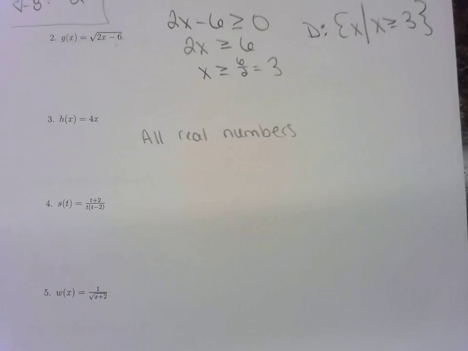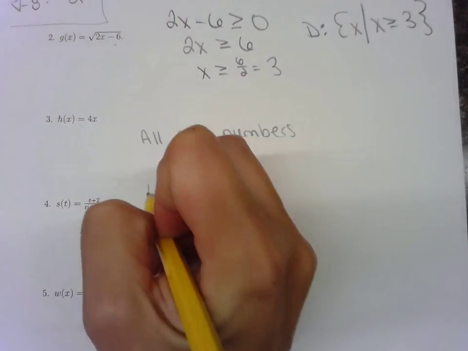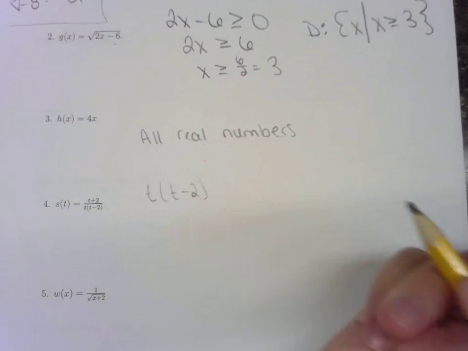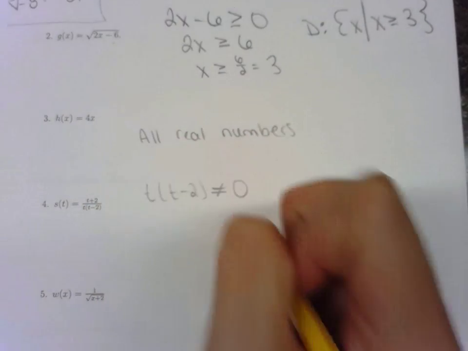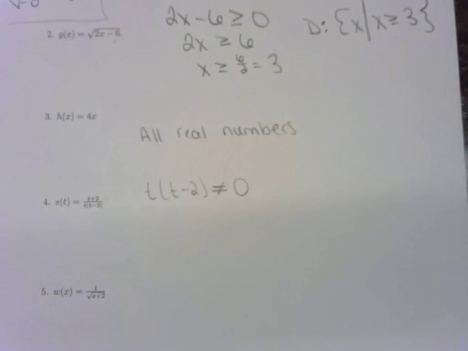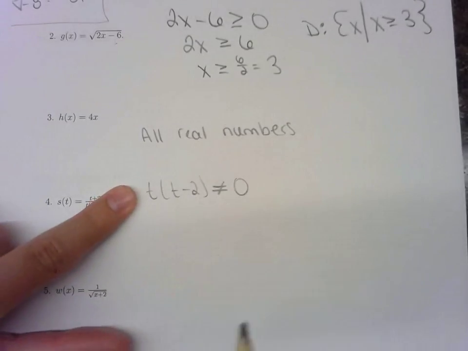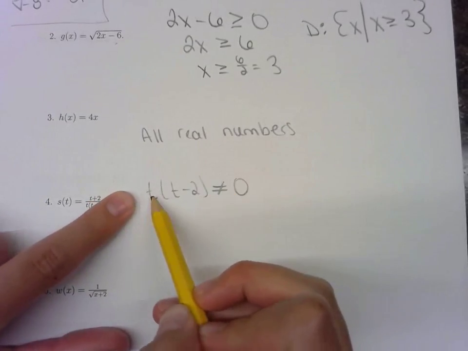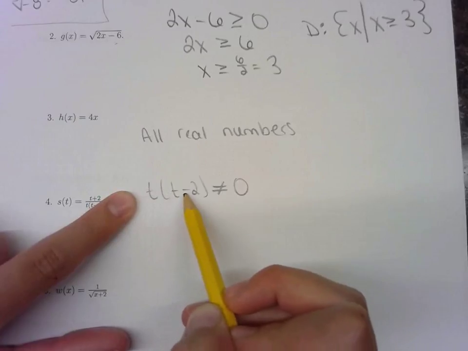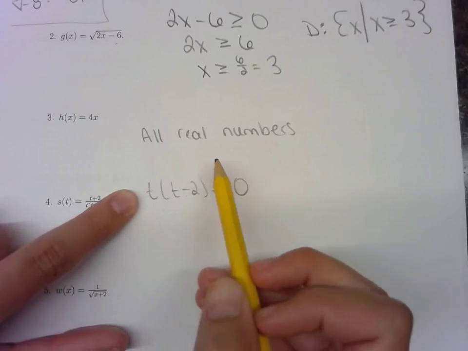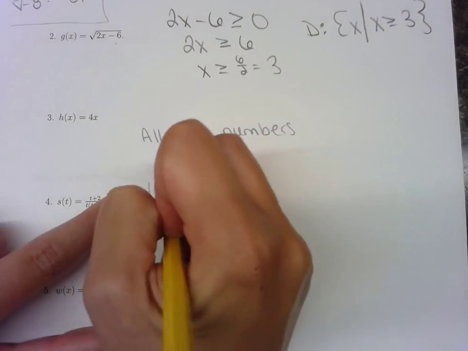Number 4, s of t equals t plus 2 over t times t minus 2. Here we have a fraction. With fractions, the denominator can't be 0, so I'm just going to write the denominator can't be 0. We can break this up. If t were 0, you would have 0 times something, doesn't matter what this is, it's going to be 0, so t can't be 0.